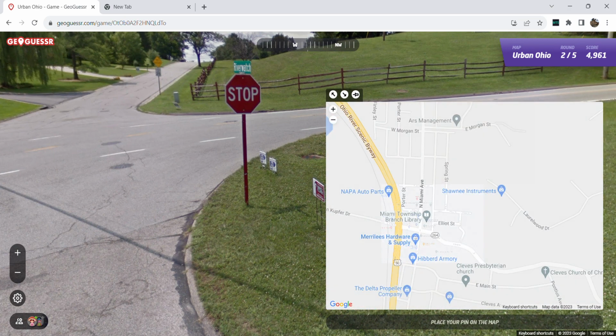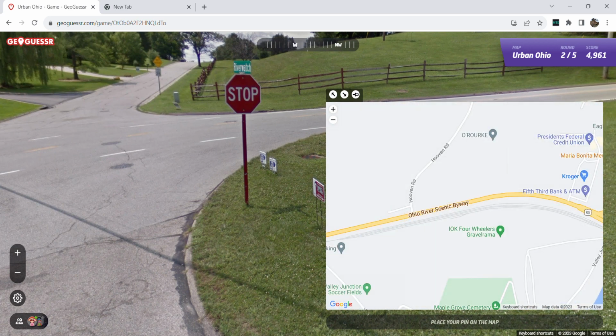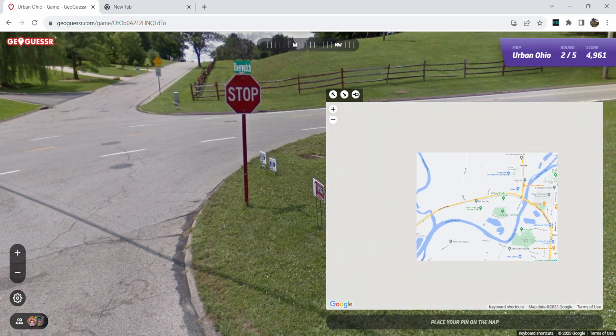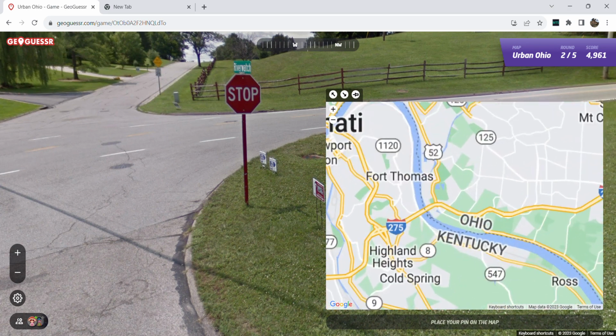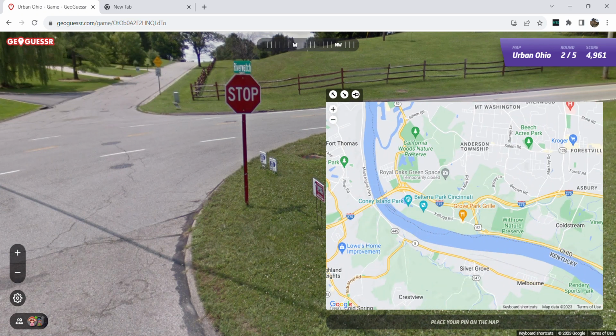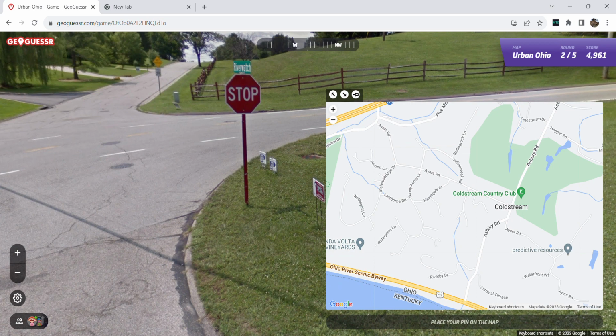The fact that it doesn't is maybe making me second guess things a little bit. Riverwatch. We could definitely be east of Cincinnati as well, out in this area.